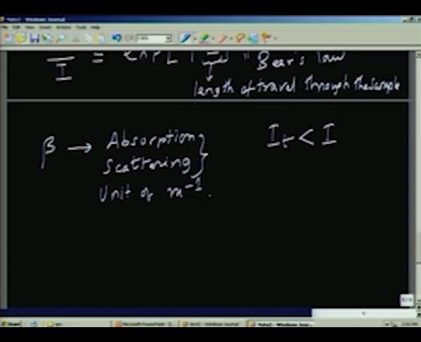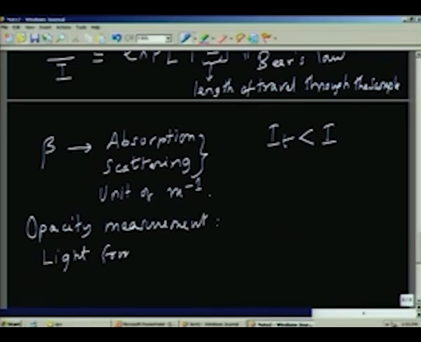And let us look at the type of arrangement we are going to have, which I think I should mention. The opacity measurement is made using the light from an LED. LED is nothing but a light emitting diode.